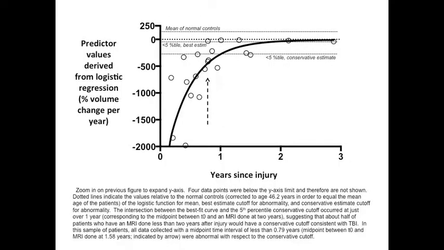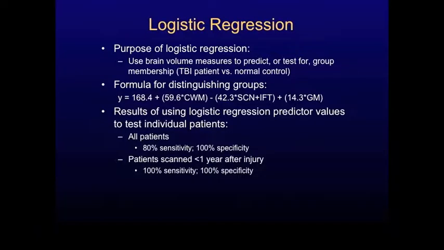So we looked at our patients' data who had their MRI scan done within 1 year of the accident or injury. And when we tested them, 100% of them were identified as patients, and 100% of our normals were identified as normals. That means the test had 100% sensitivity and 100% specificity, which is as good as you can get.